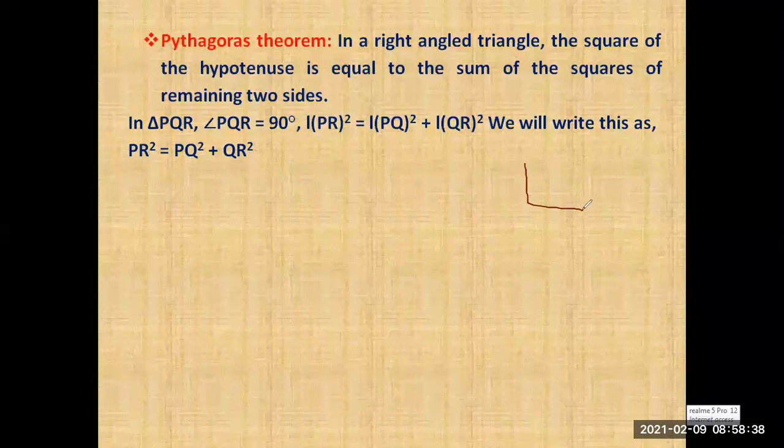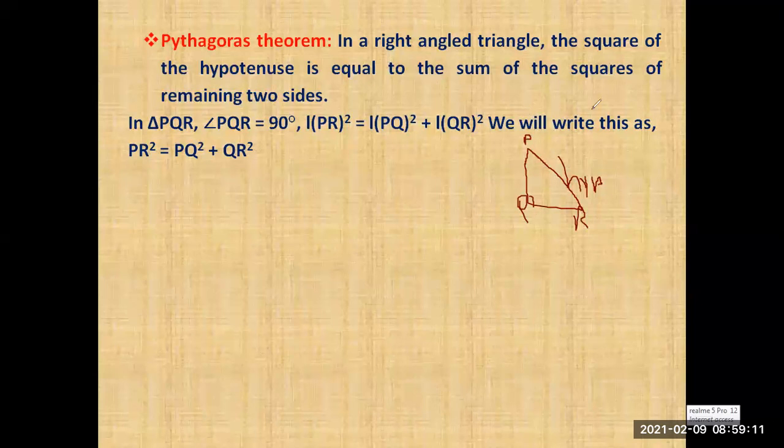Students, first we see, suppose this one is a right angle triangle. This is 90 degree, and the side opposite to 90 degree is called the hypotenuse. This one is your hypotenuse side. This is triangle PQR. In this triangle, angle Q is 90 degree and the side opposite to 90 degree is the hypotenuse.